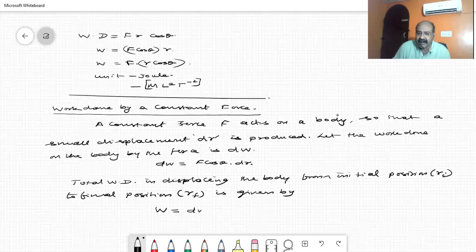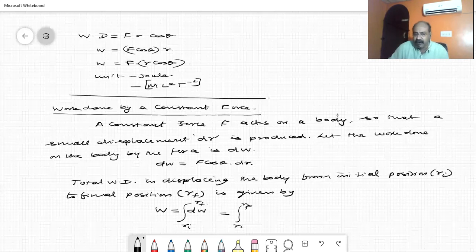So we can take the small work done as dW. This total work done can be calculated by integrating this small work done between the two positions, initial and final. So the integral of dW from the initial position Ri to the final position Rf, which can be written as the integral from Ri to Rf.